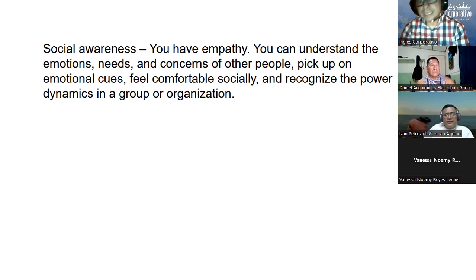It's dynamics in a group or organization because remember that everybody changes. It might be that you are a very good friend of a group of people, but maybe they started dating, something changed in their lives and they change. You need to be empathetic with those changes.